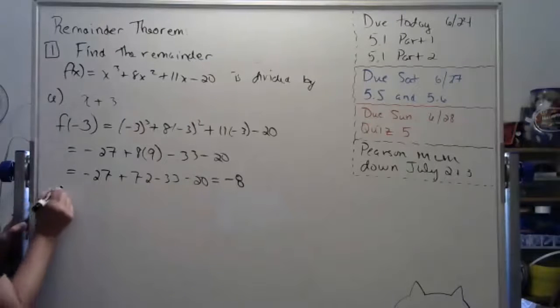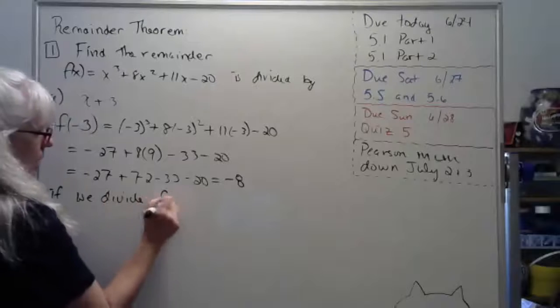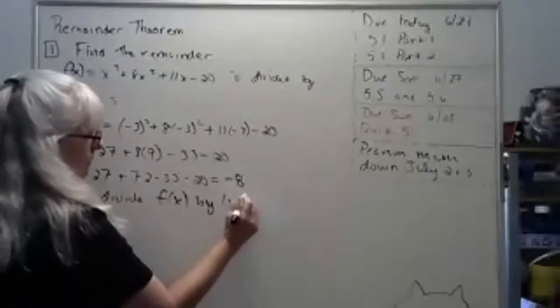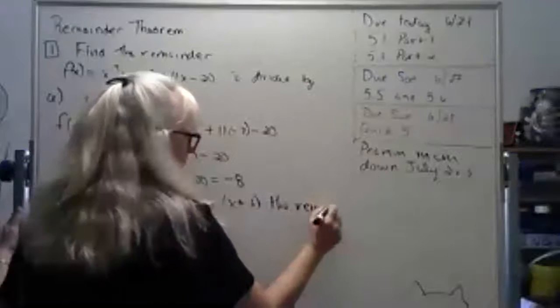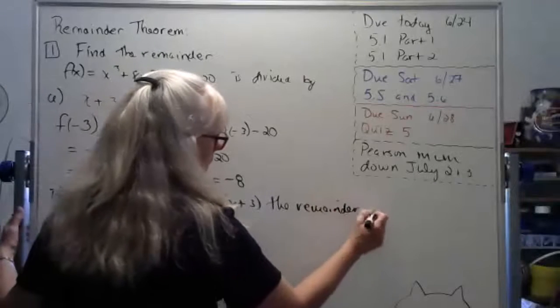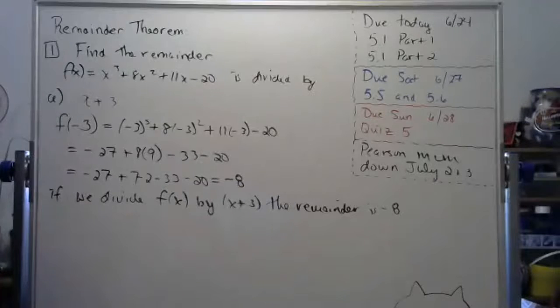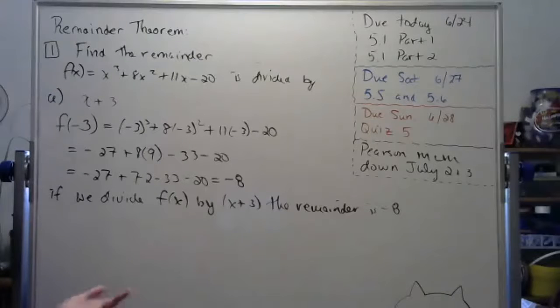It means if we divide f of x by x plus 3, the remainder is a negative 8. So any problem about what the remainder tells us? It says we can either do the division or we can just plug the number in and get what the remainder is.